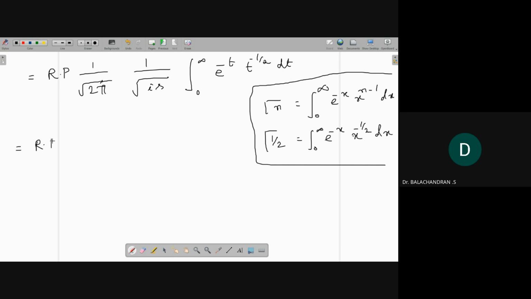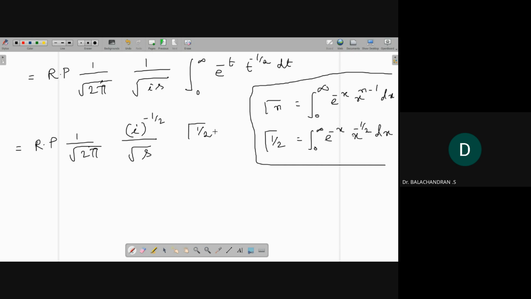Real part of 1 by root 2 pi. I will write this 1 by i power half; i power half in the numerator means this is i power minus half by root s. And the value of this integral is gamma of half.